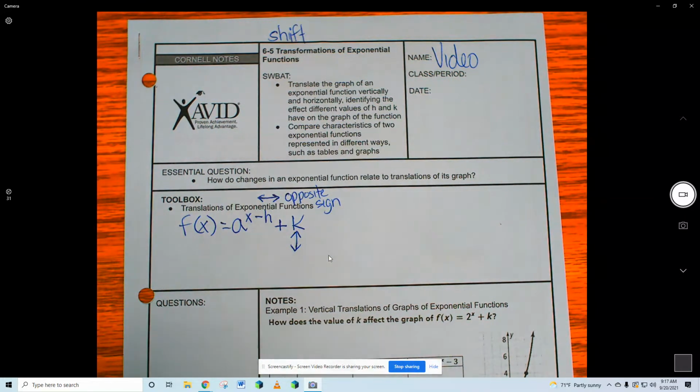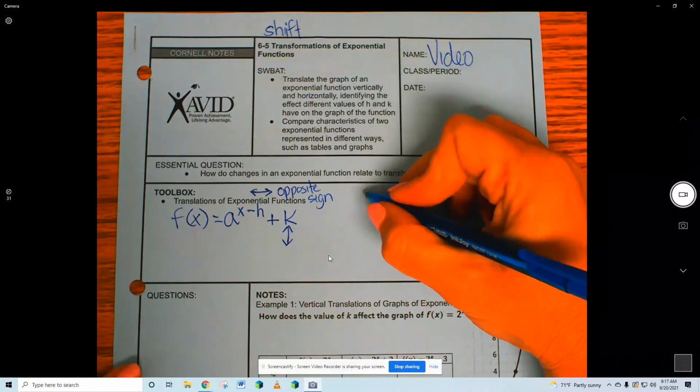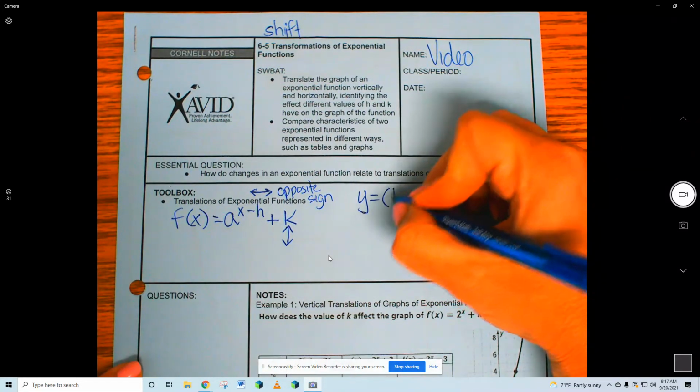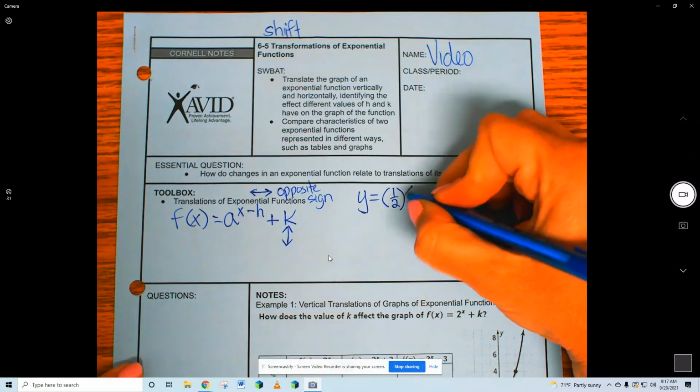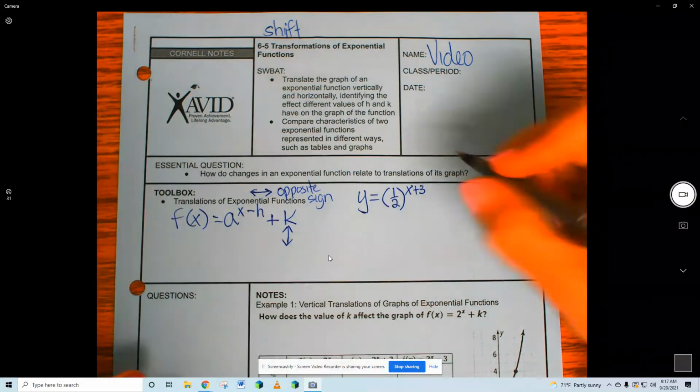So I'm going to write down about 4 different samples, and I want you guys to tell me what's going on. So I'm going to do y equals, and I can do 1/2. Why not? 1/2 to the x plus 3 power. Tell me what the 3 means, please. Someone in class. Left 3.